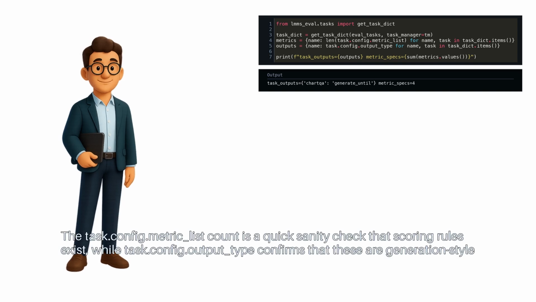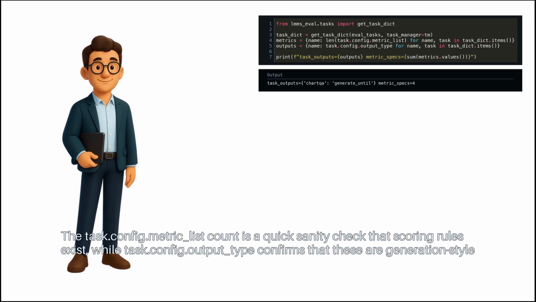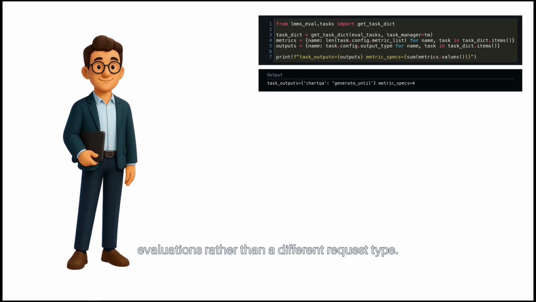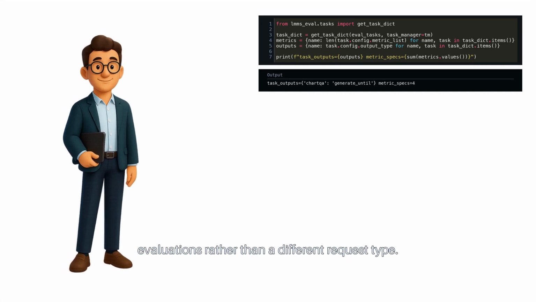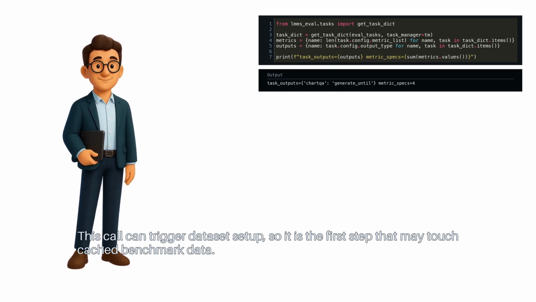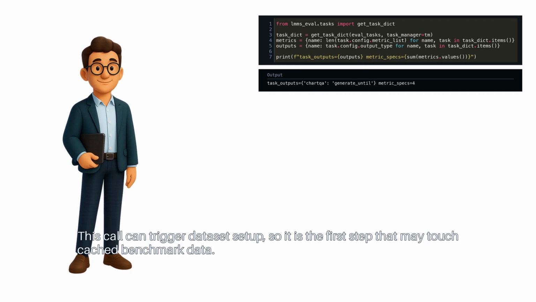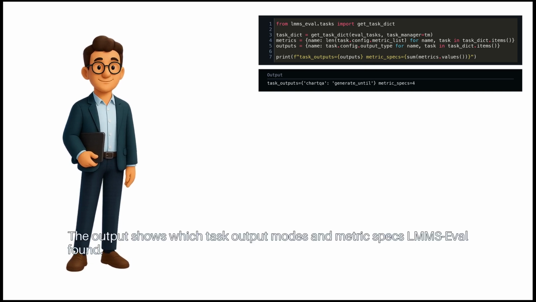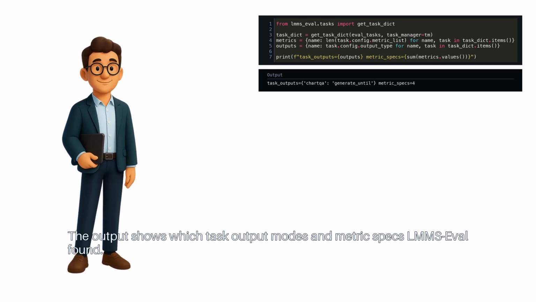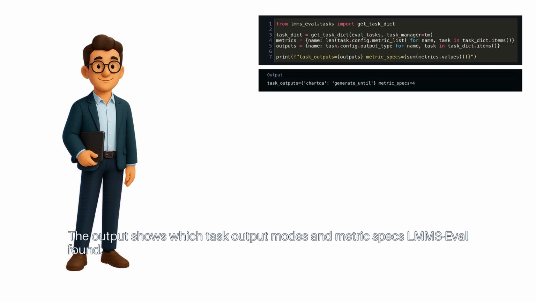The task.config.metric_list count is a quick sanity check that scoring rules exist, while task.config.output_type confirms that these are generation-style evaluations rather than a different request type. This call can trigger dataset setup, so it is the first step that may touch cached benchmark data. The output shows which task output modes and metric specs LMMS-Eval found.